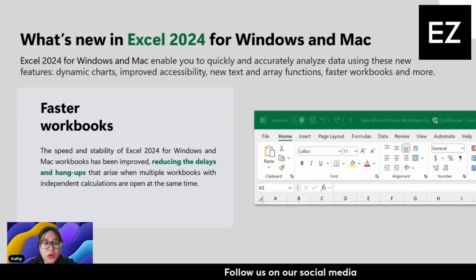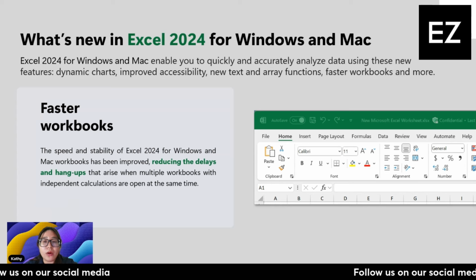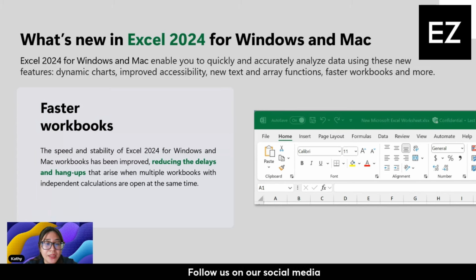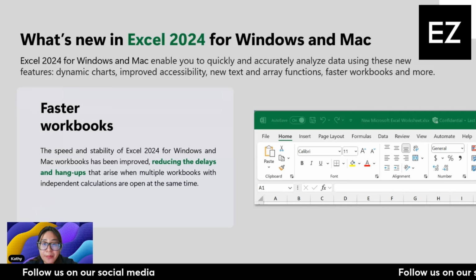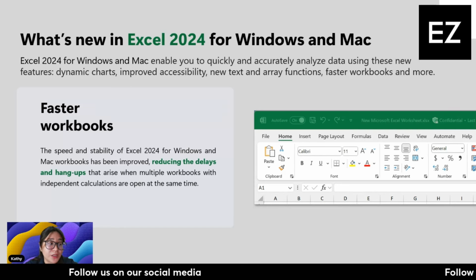The speed and stability of Excel 2024 is improved, so you have less delay and fewer hangups, even with multiple workbooks at the same time and your own calculations. You get your work done a lot faster.